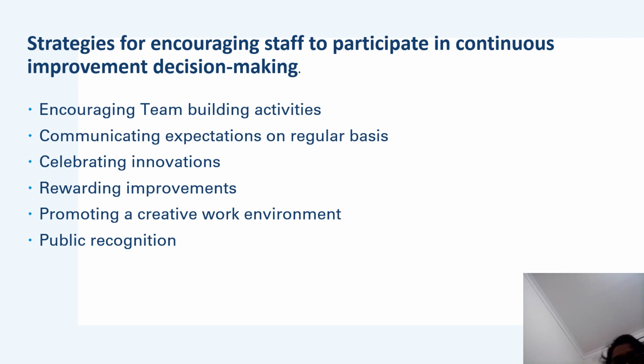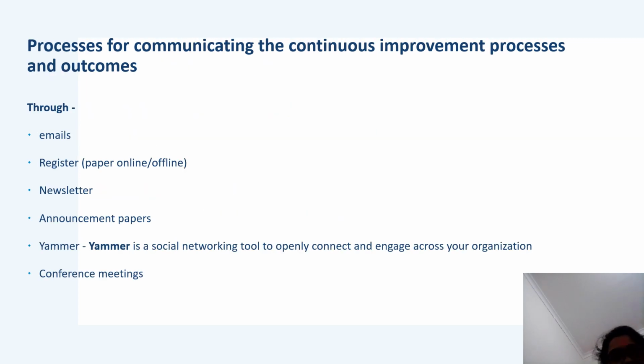For example, if we celebrate their innovations, reward their improvements, promote a creative work environment, and give them public recognition, all these points could help staff members build their interest, and we can encourage them to participate in our continuous improvement section.